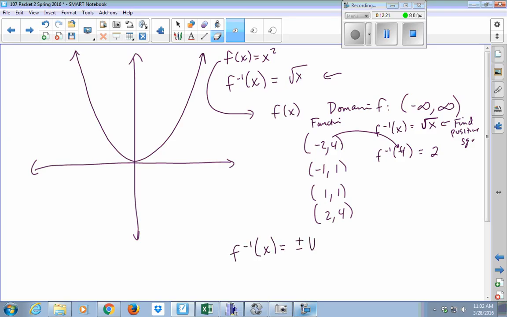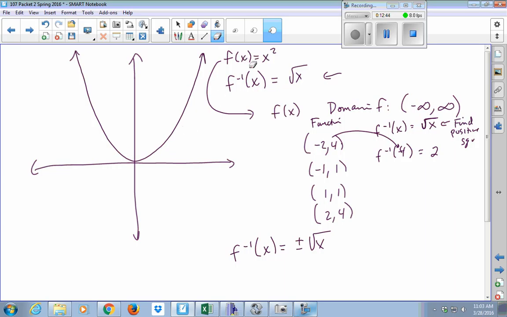You can't do that. You can't say this is a function because you put in an x value and look what you're saying. I got 2 different y values. No go. So this does not have an inverse that's a function unless you do something. And there's something in mathematics that we do, and that is we restrict the domain of this.